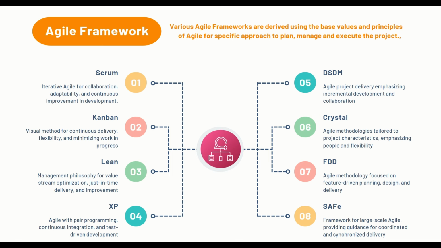Kanban will have something different than other frameworks. Lean is something which is not in line with Scrum and Kanban, something different than others. So when we are starting a project and we say that I have to follow agile, then after agile I also have to decide which framework I am going to use.